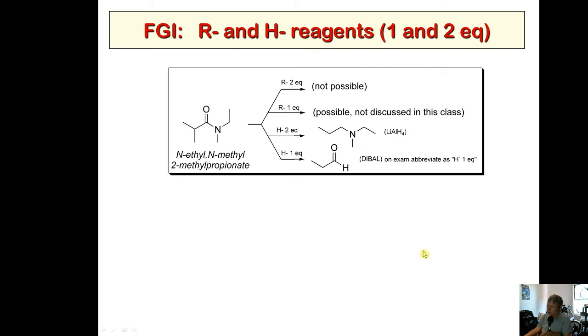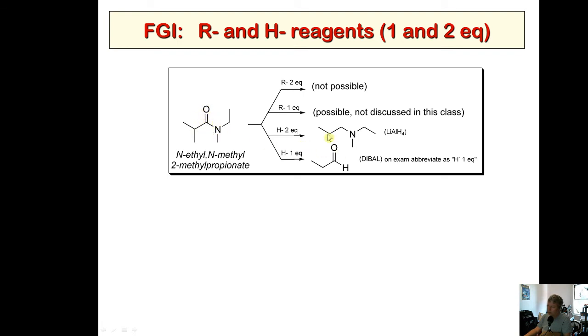Okay. Amides, R minus 2 equivalents. Is that possible? Well, to my knowledge, it's not. I think I researched this. I didn't see it. Our book doesn't mention it. R minus 1 equivalent, I think that is possible, but we didn't discuss this in class. But we did learn about H minus 2 equivalents, which was lithium aluminum hydride, and that just wipes away the carbonyl.